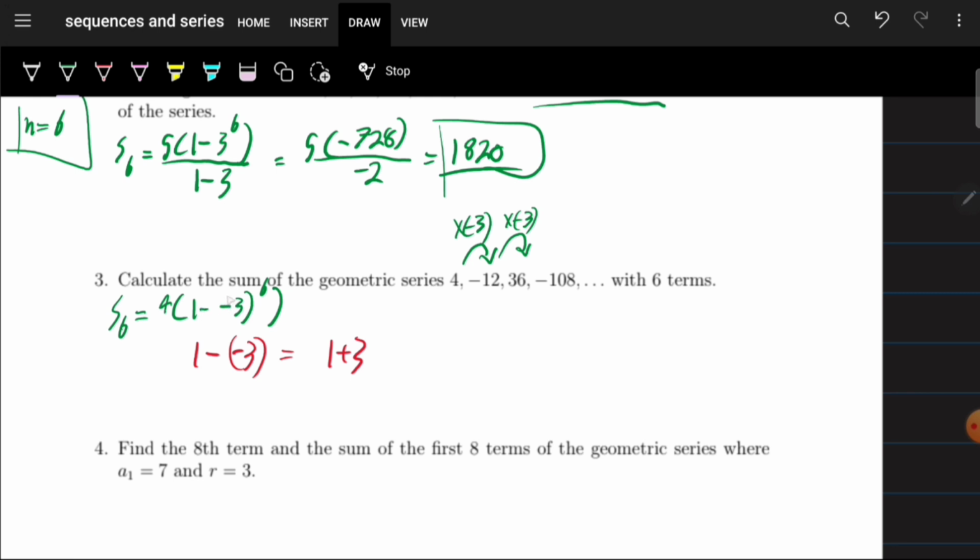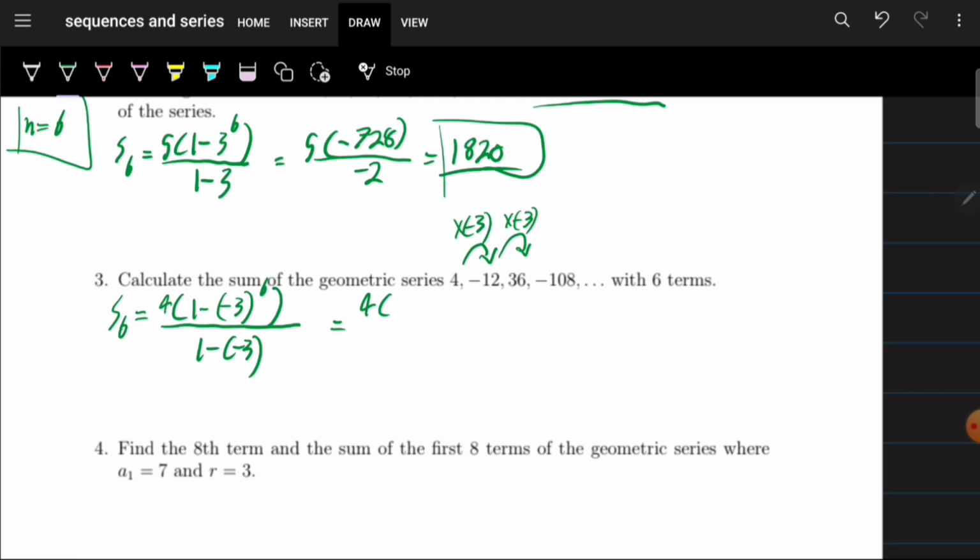Okay, so let's change this back to the original. Okay, and this whole thing is over 1 minus negative 3. All right, let's simplify this. So this is 4 times, let's see what negative 3 to the power of 6 is. So negative 3 to the power of 6 is the same as 3 to the 6 because this is even.